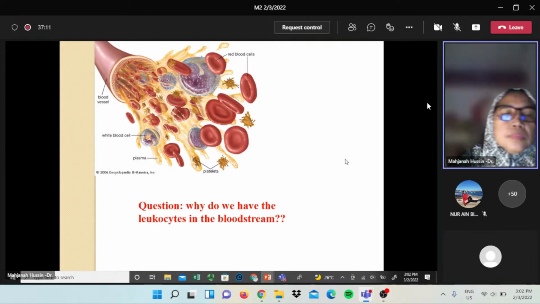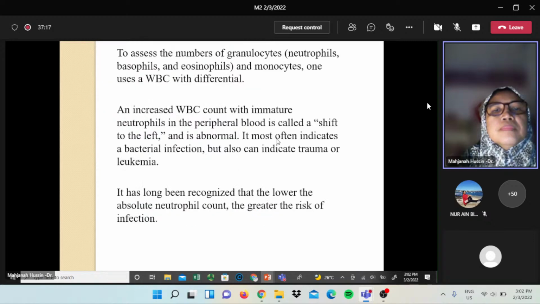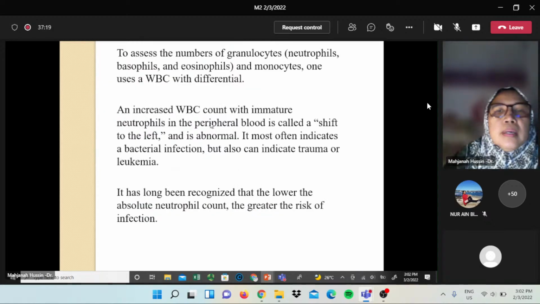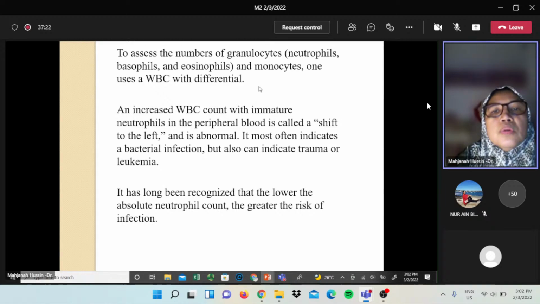So why do we have the leukocyte in the bloodstream? Because it's the one that fights the infection. Again, to assess the number of granulocytes, which are your neutrophils, basophils, it will be a white blood count differential type.